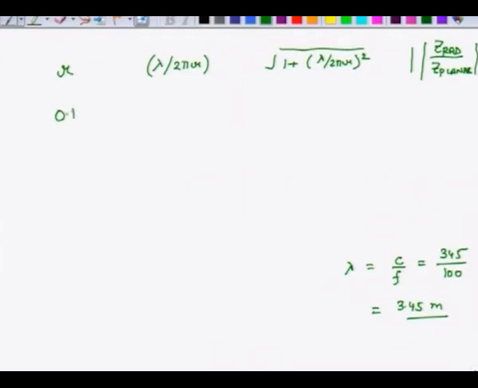So, first value is r equals 0.1, my lambda over 2 pi r comes to be 5.49. The square root term comes to be 5.58 and the ratio comes to be 0.179. Second case, if r equals 1 meter, then lambda over 2 pi r equals 0.549.